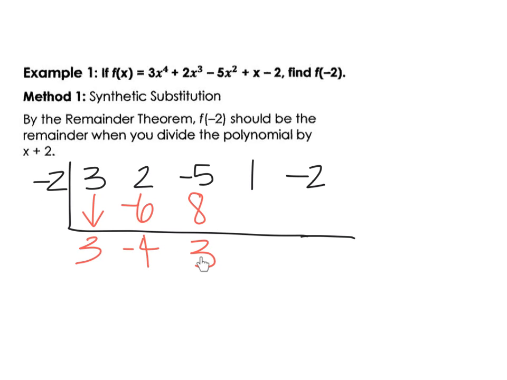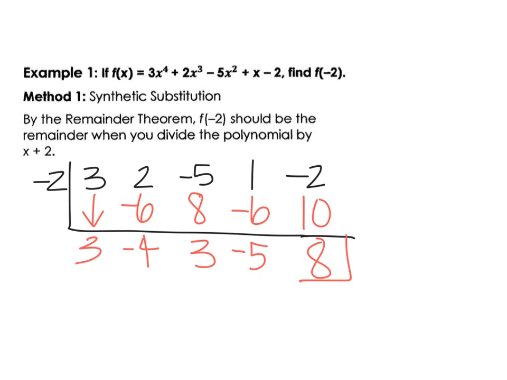Then negative 2 times positive 3 is going to give us negative 6. 1 minus 6 is going to give us negative 5. Negative 2 times negative 5 is going to give us positive 10. Negative 2 plus 10 is going to give us 8.